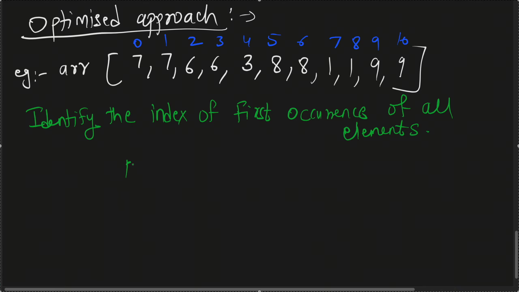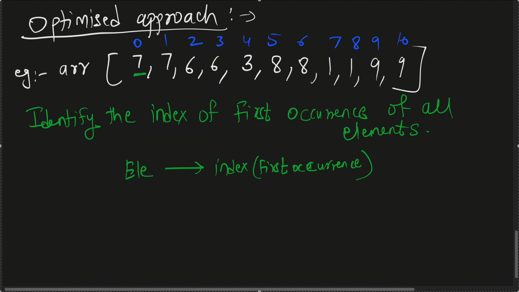What I'm saying is, an element is given, we will see the index of its first occurrence. At which index is this element coming first?